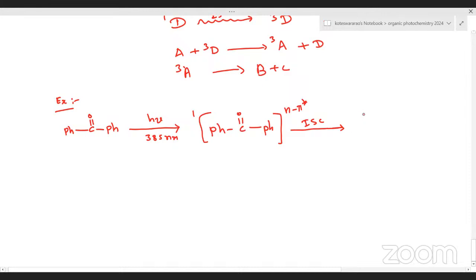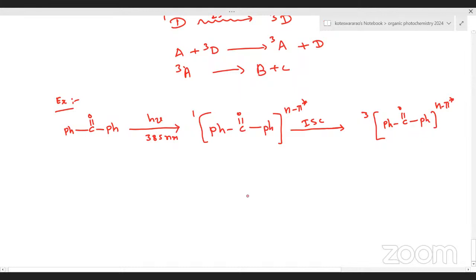Then it leads to formation of a triplet state of benzophenone. What is the triplet state? The triplet state is again the n to pi star triplet state. Now this is the activated donor, the activated donor D.